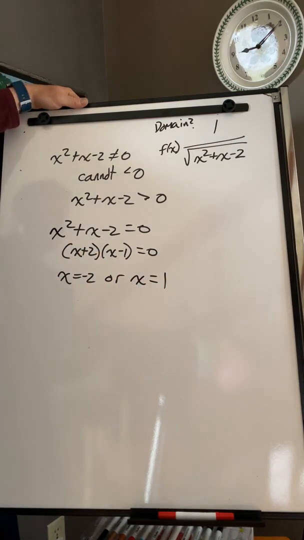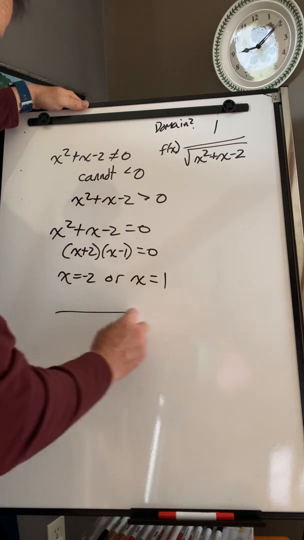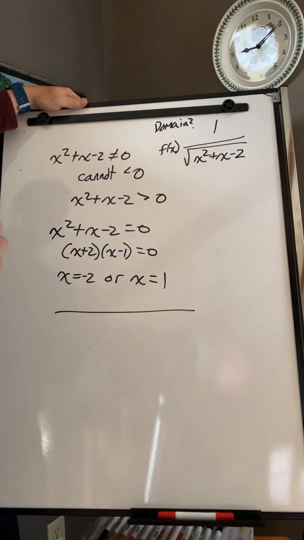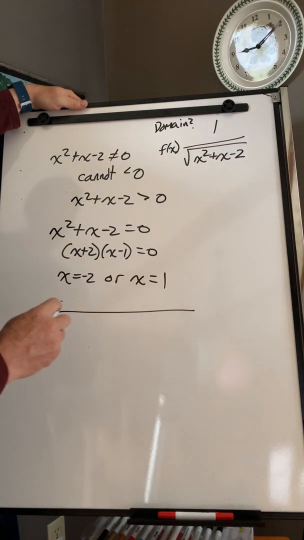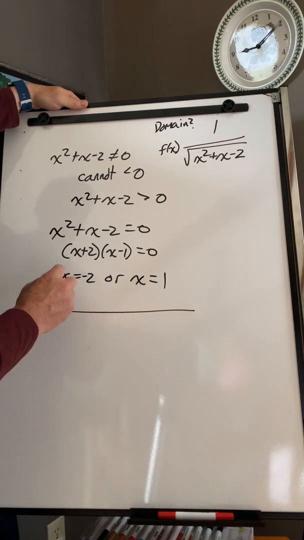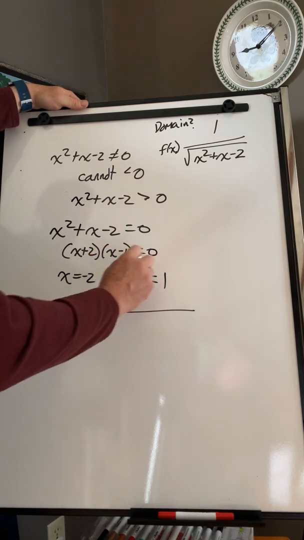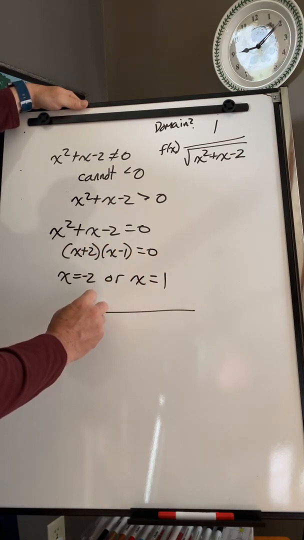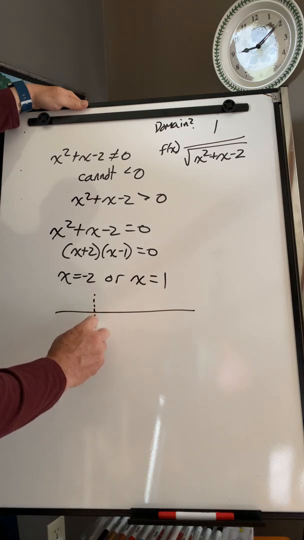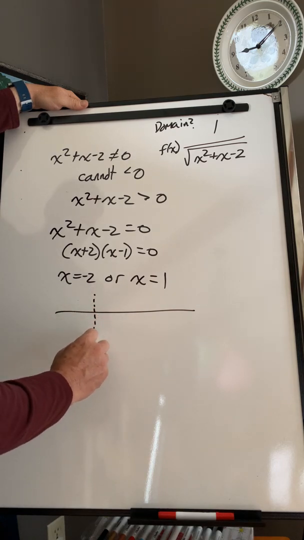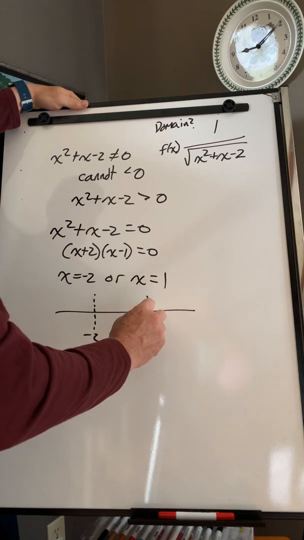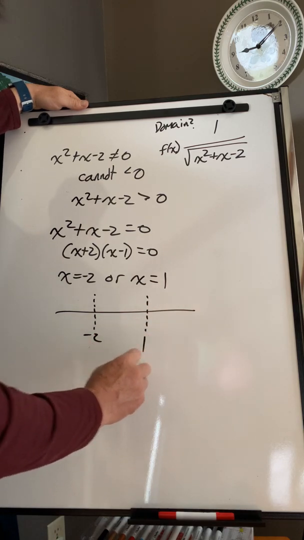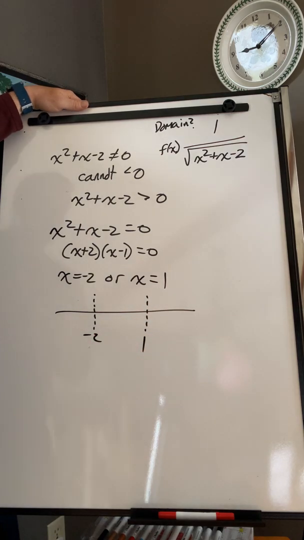Now, something I didn't do on my last sign diagram was that my critical values that are undefined need to be dotted lines. Because these are making the denominator equal to 0, which is not possible, these are undefined. So I have -2 and 1. Those are my only critical values.